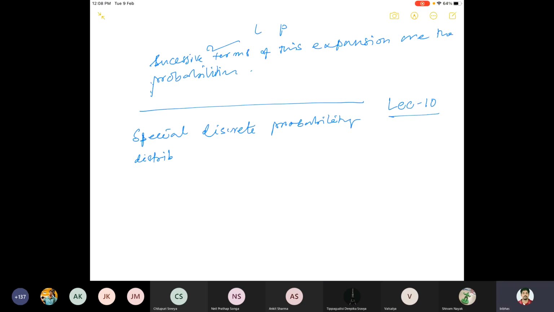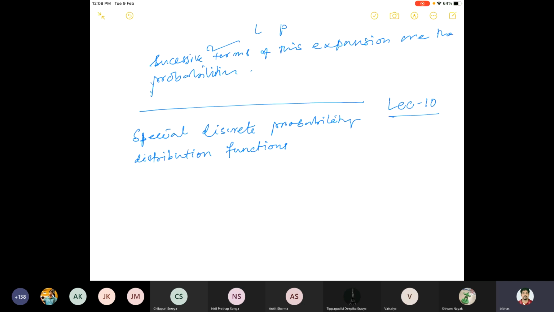Yeah, so yesterday we talked about special discrete probability distribution functions, and we discussed four such functions.